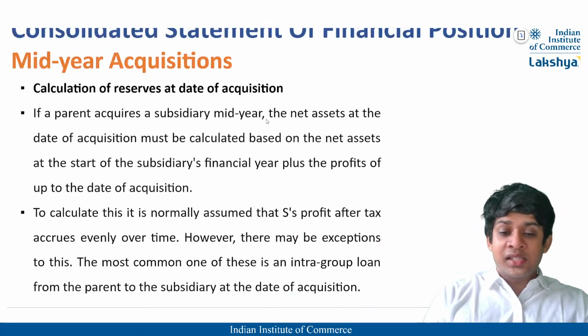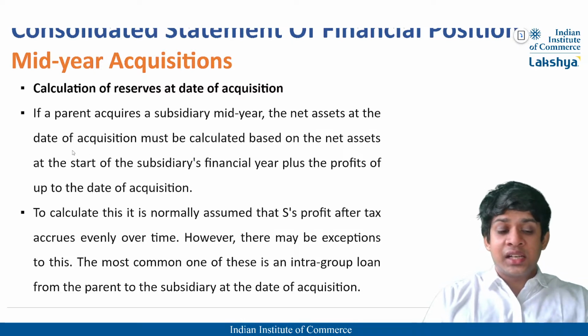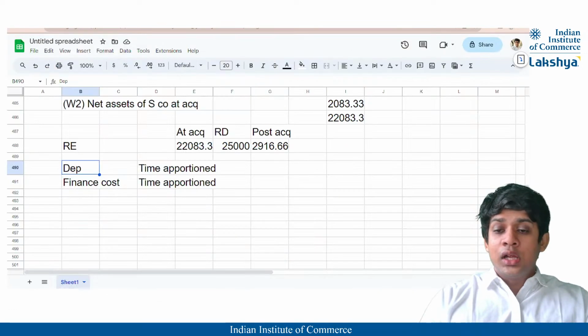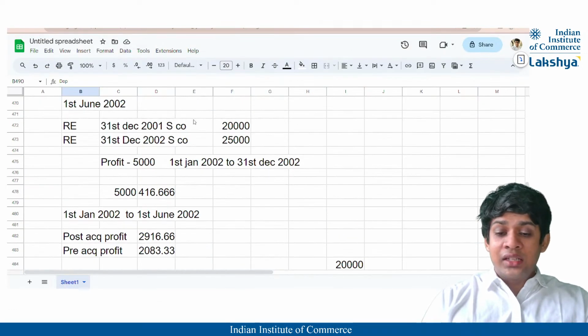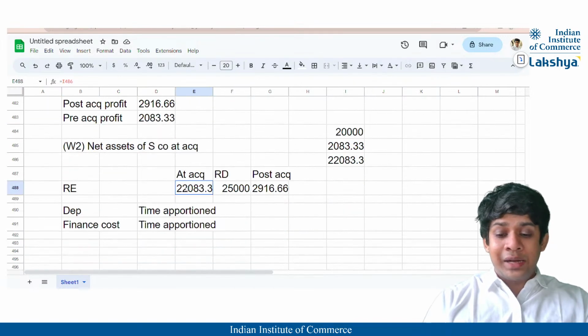So if a parent acquires a subsidiary mid-year, then the net assets at the date of acquisition must be calculated based on the net assets at the start of the subsidiary's financial year plus the profits up to the date of acquisition, right? So here also we have done the same. At the start of the subsidiary's financial year, it was 20,000. So we had taken that 20,000, right? Plus till the date of acquisition, whatever are the profits.